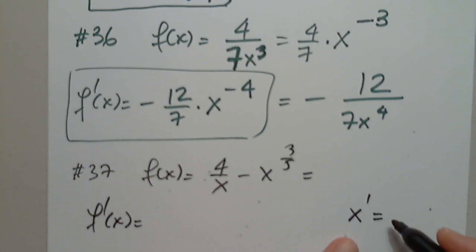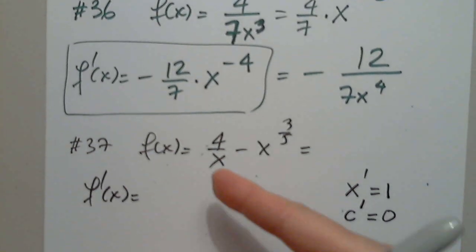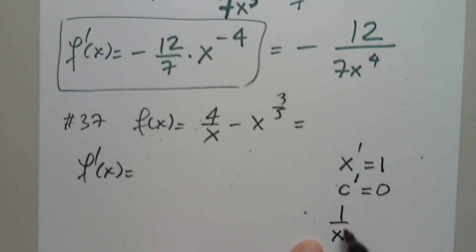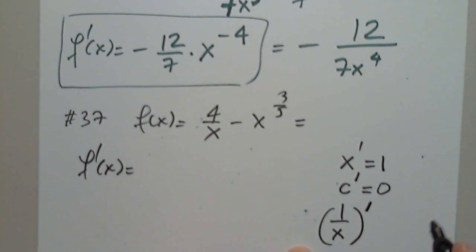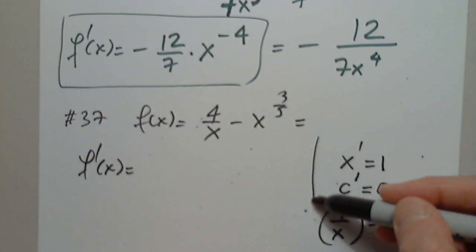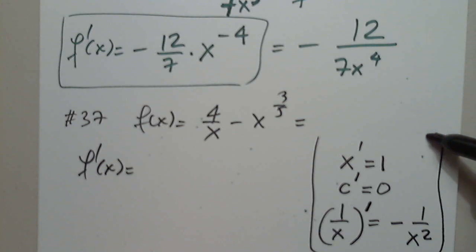Equal to 1. Yes, and any constant prime is 0. Excellent. I would like us to remember that 1 over x prime, and I'll show you in a moment why, is -1 over x squared. So please carve these in stone.